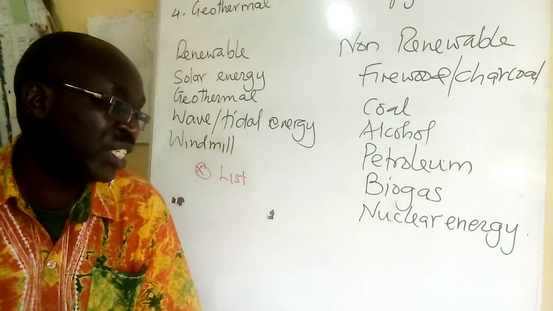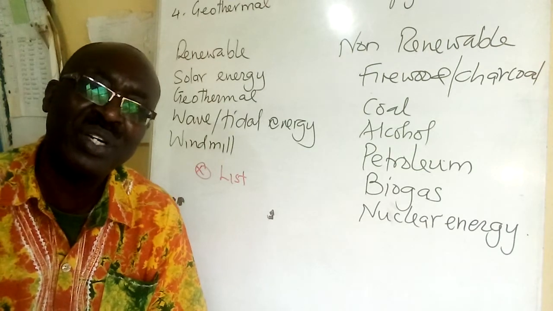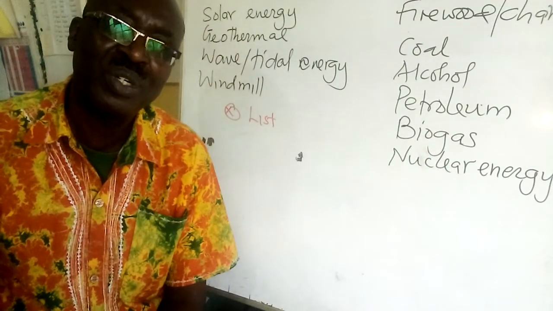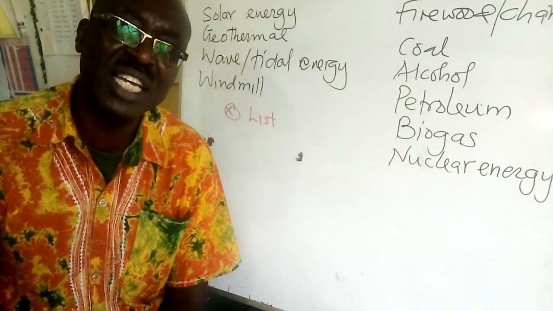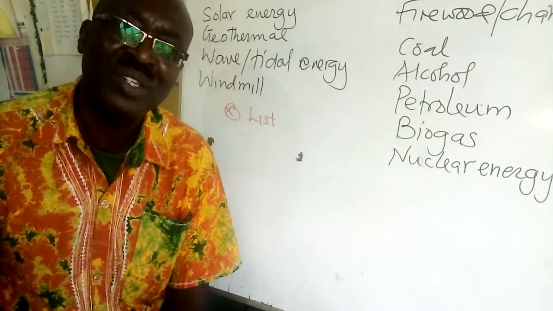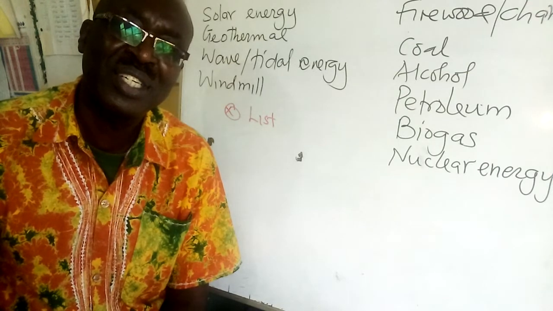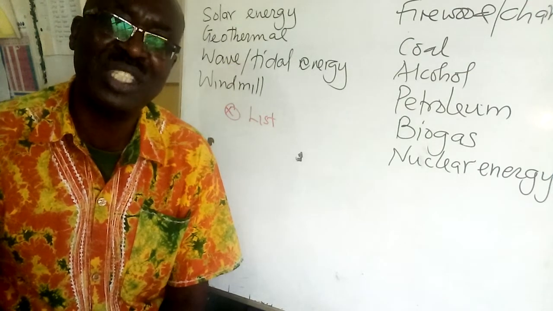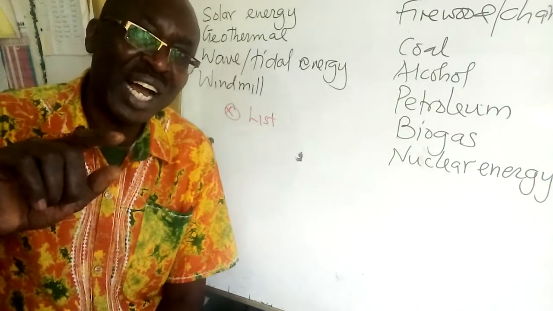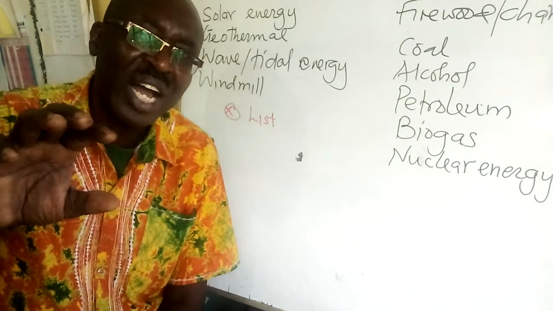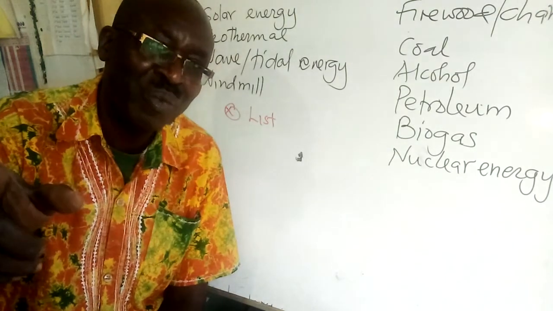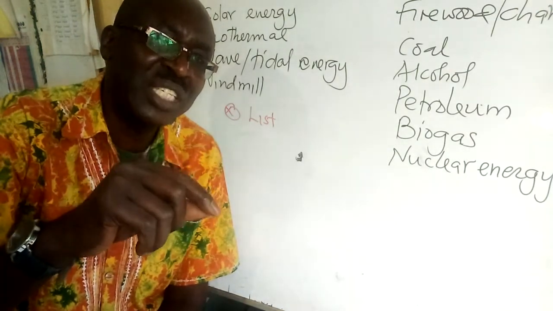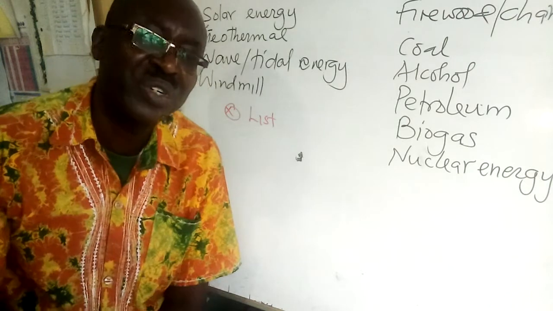I can also twist and tell you, list two sources of energy that are inexhaustible or are exhaustible. So you see, I have denied you a recall word, renewable and non-renewable. Instead, I've used some language in definition.